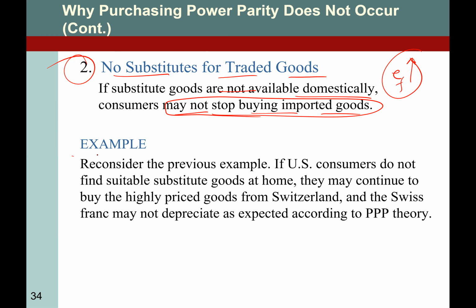So let's talk about this example here. Reconsider the previous example. If the US consumers do not find suitable substitute goods at home, they may continue to buy the high-priced goods from Switzerland. So the Swiss franc may not depreciate as expected according to PPP. In fact, it may appreciate.